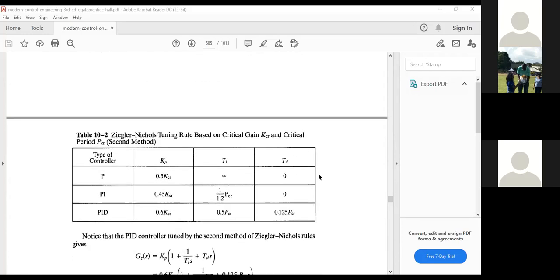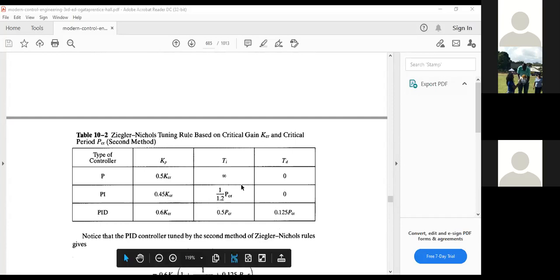Same thing again. Your choice of controller depends on you. The value that you're going to get for TI, the value for KP, and the value for TD are going to be determined using this table. And I said that this table is empirically determined.